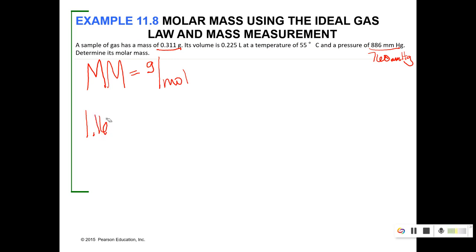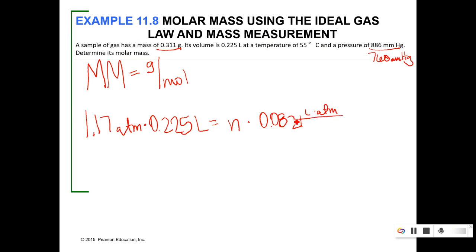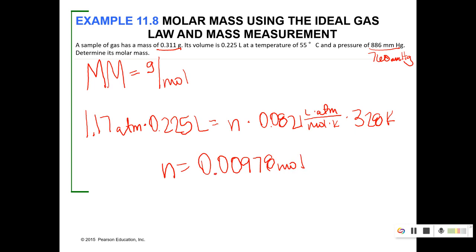I get 1.17 atmospheres times 0.225 liters equals N times 0.0821 times 55 plus 273, which is 328. I get 0.00978 moles.